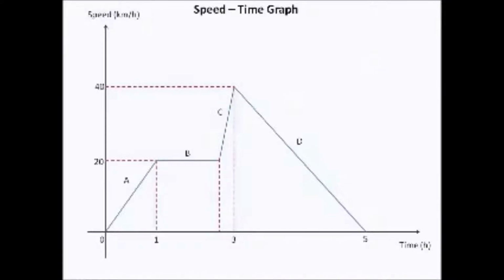Actually the gradient in this graph is measuring the change of speed with the time. So if we are going to do a very simple units comparison, you are using the y-axis, unit is kilometers per hour, divided by the x-axis, which is the time.